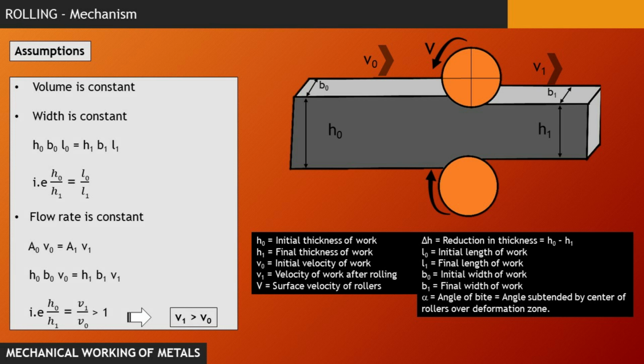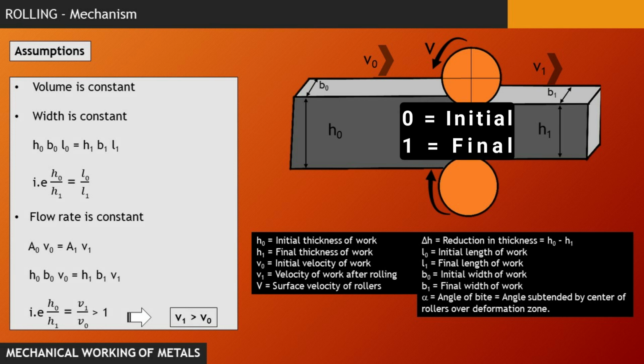Now the third assumption is that the flow rate is also constant. That means A into V, the product of cross-section area and the velocity of the work material, is constant. Or we can write A0 V0 is equal to A1 V1, or H0 B0, which is the area of cross-section, into V0 is equal to H1 B1 into V1.